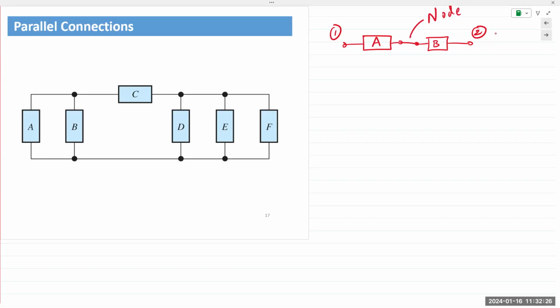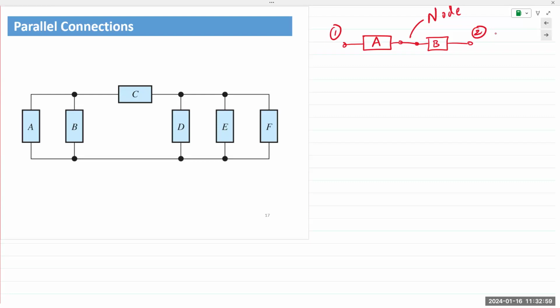Here we see A and B are connected to each other. It forms a junction, it forms an electrical node, and it only has two connections, right? That node has one connection going to A and a second connection going to B. If you have a third connection or more than two connections at any node, then they are no longer in series. There are exceptions to that statement. We'll look at that exception when the time comes with an example.